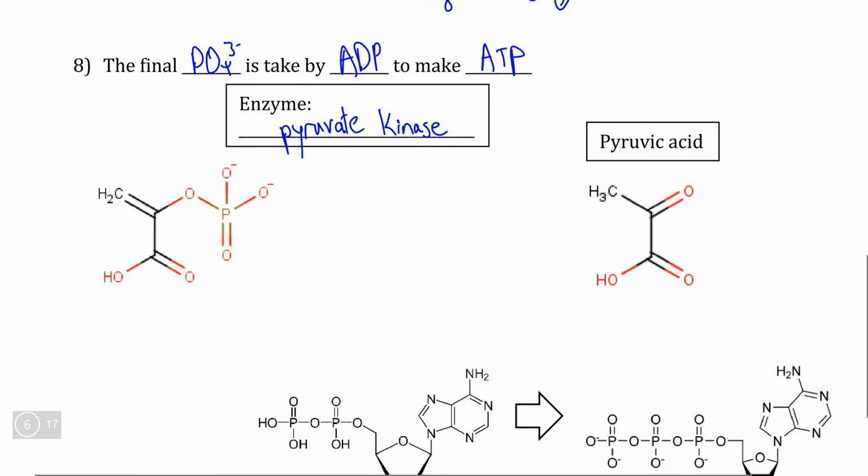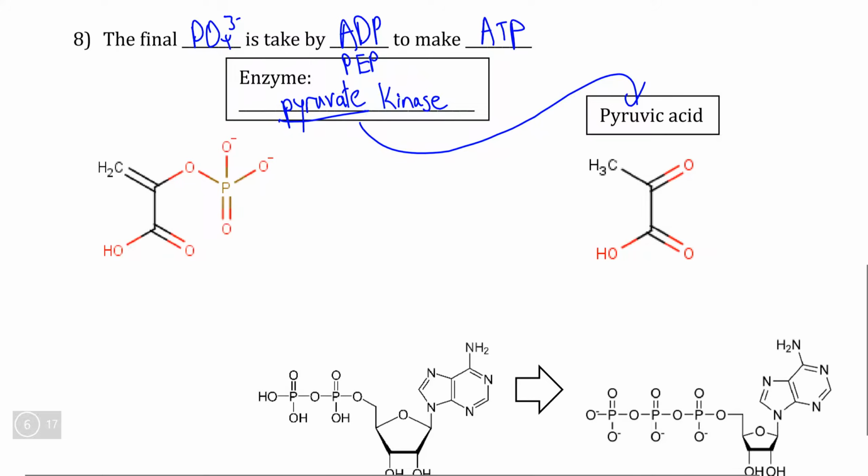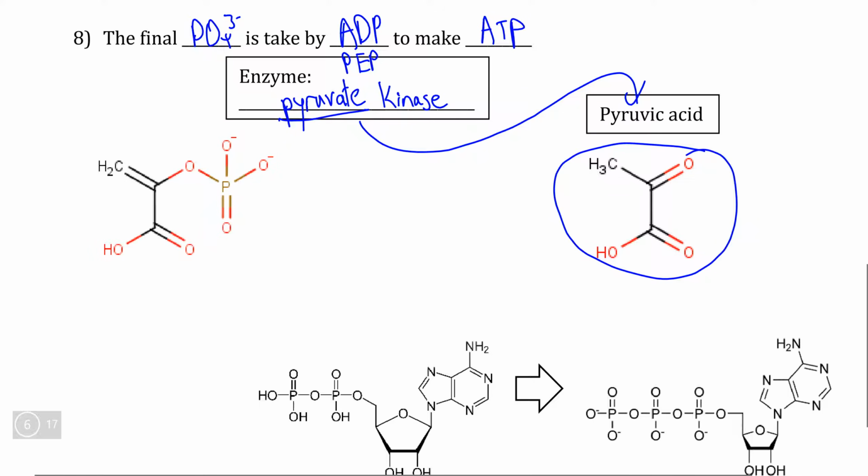Now, this name is a little bit of a misnomer because pyruvate or pyruvic acid is not the reactant molecule. It's actually the product molecule that we get. So more correctly, this should probably be called phosphoenolpyruvate kinase, but once again, we prefer the name pyruvate kinase because this is the final molecule that we're going to make.